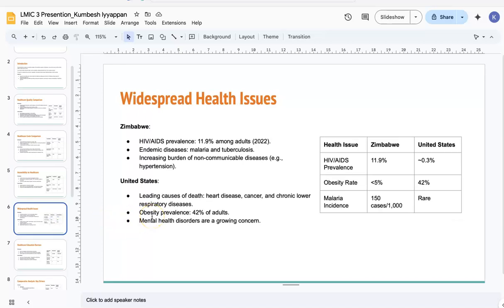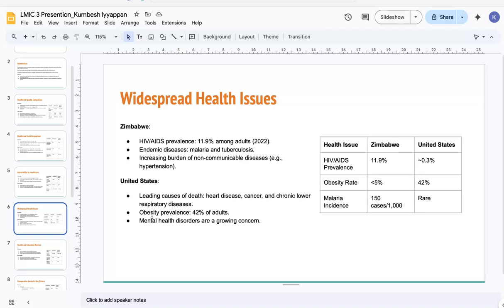Talking about widespread health issues, Zimbabwe has HIV/AIDS prevalence. 11.9% of the adults deal with this medical issue. There is a widespread endemic disease issue like malaria and tuberculosis.